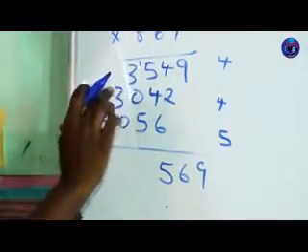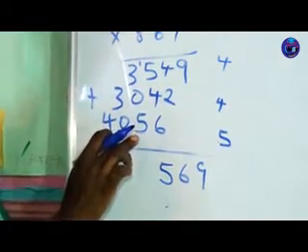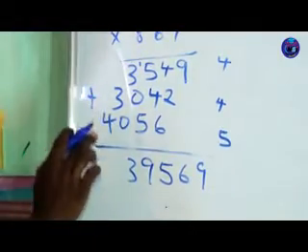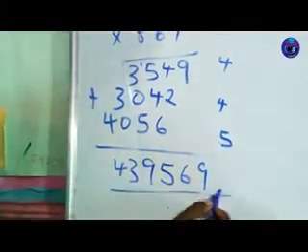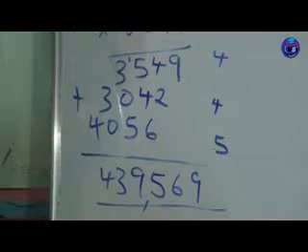Lift 1. 1 plus 3, 4. Plus 0, 4. Plus 5, 9. 3 plus 0, 3. And 4 plus 0, 4. So the answer is 439,569.